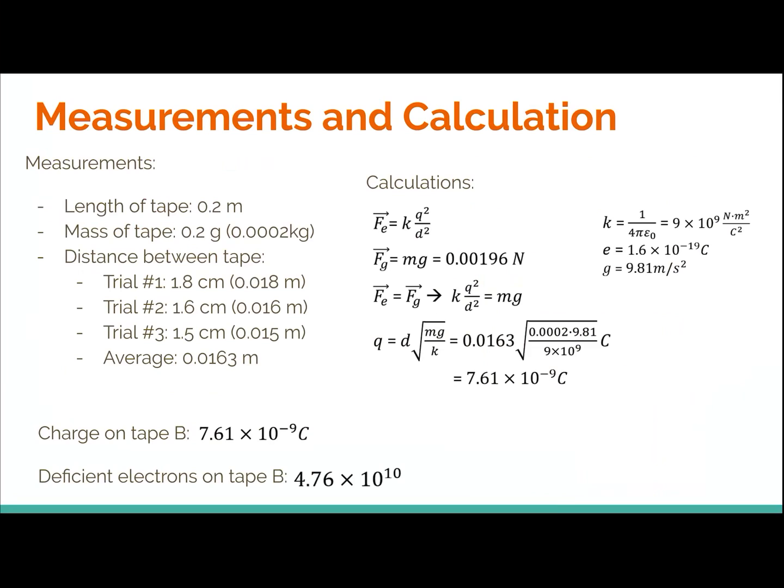Since the deficient number of electrons on the tape can be calculated by dividing the charge of tape B by the charge of a proton, it is calculated to be 4.76 times 10 to the 10.